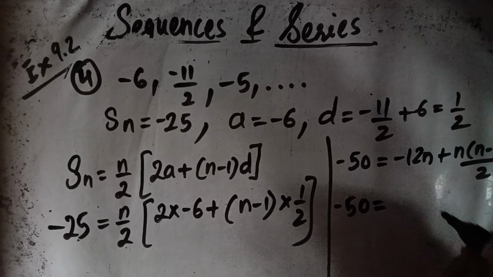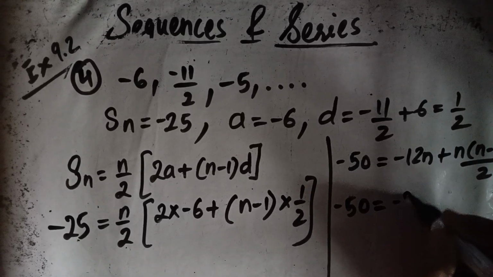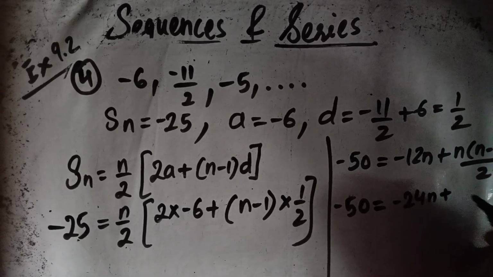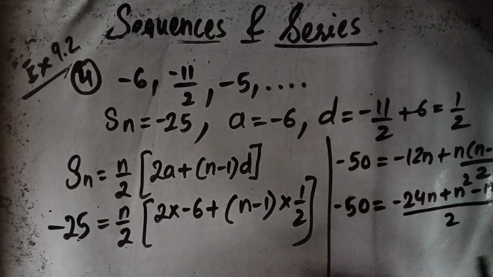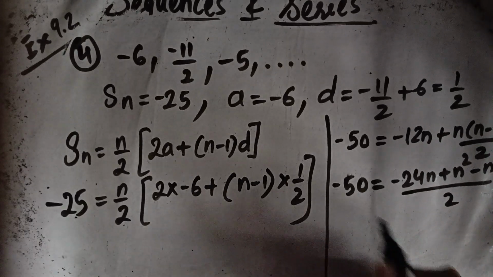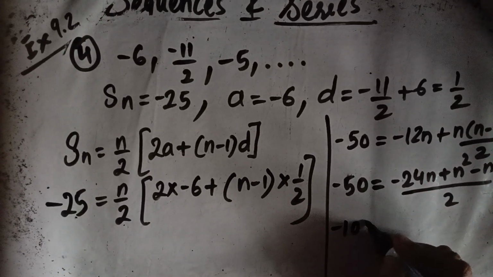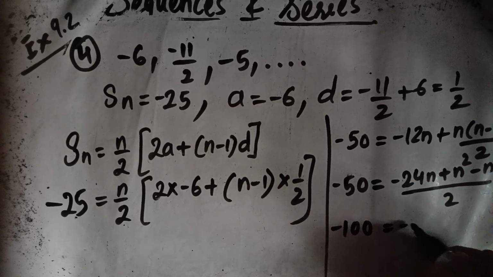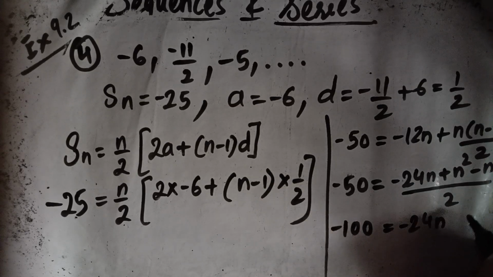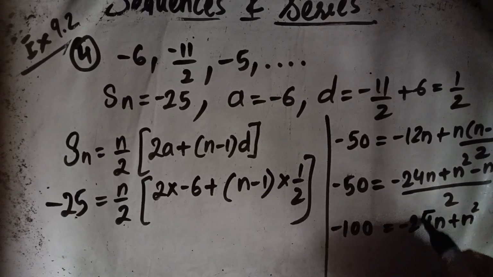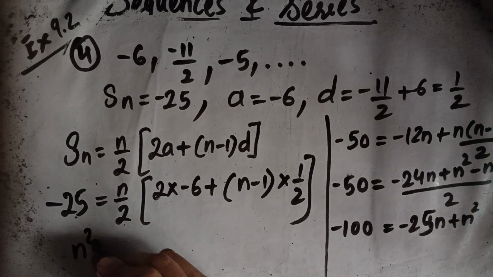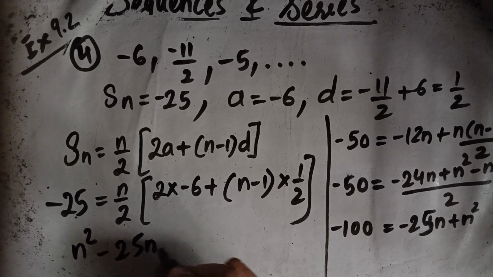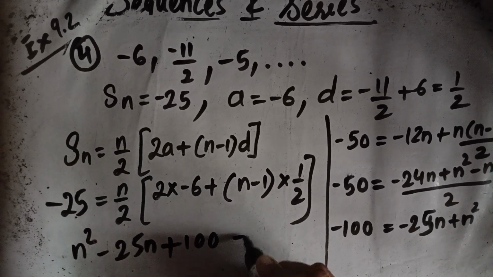Minus 50 equal to minus 24n plus n square minus n upon 2. So 52 is 100. Minus 25n. Okay, so this becomes n square minus 25n plus 100 equal to 0.